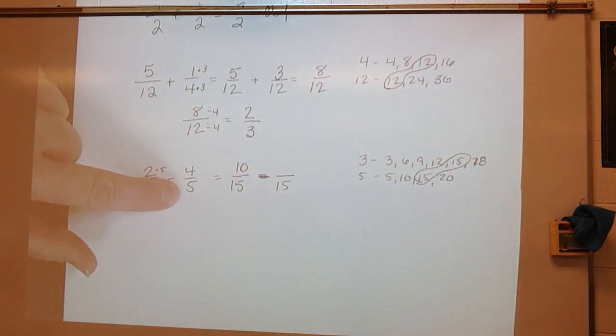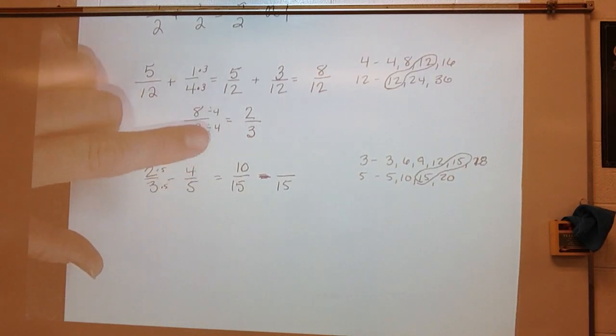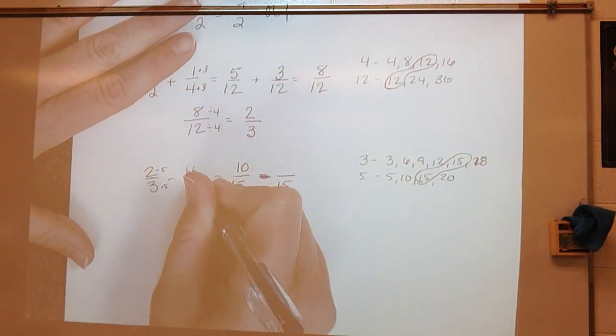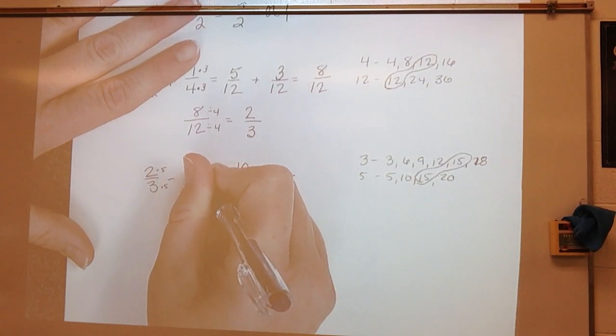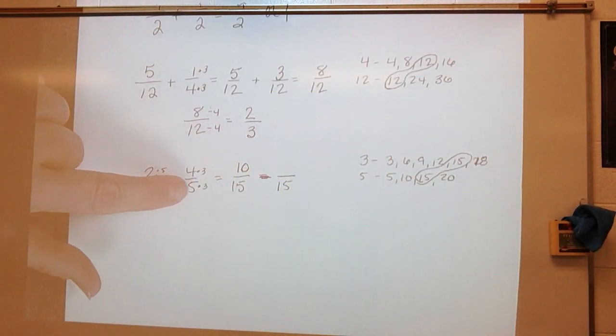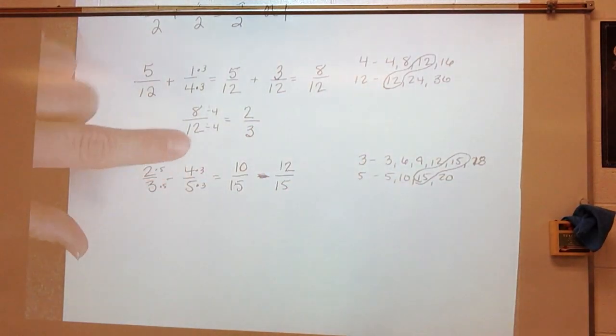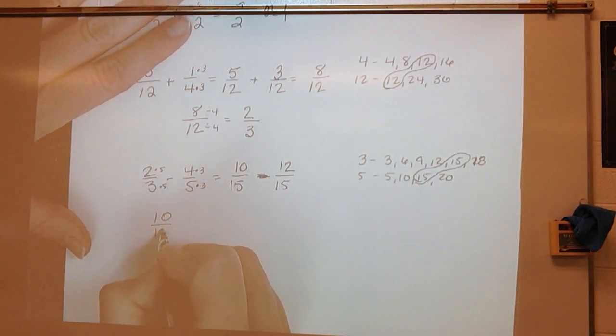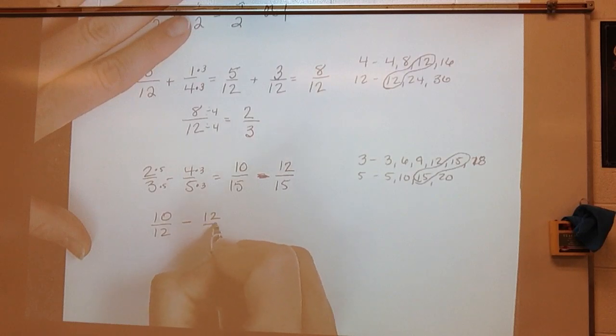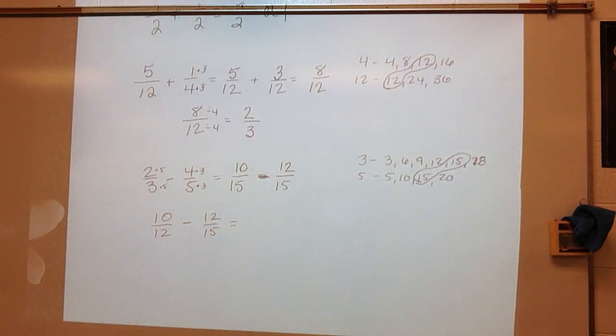I'm going to come over here and ask myself, did my denominator change? It went from 5 to 15. So I would multiply both top and bottom by 3, because 5 times 3 gives me 15. So 4 times 3 gives me 12. So I have 10 fifteenths minus 12 fifteenths.